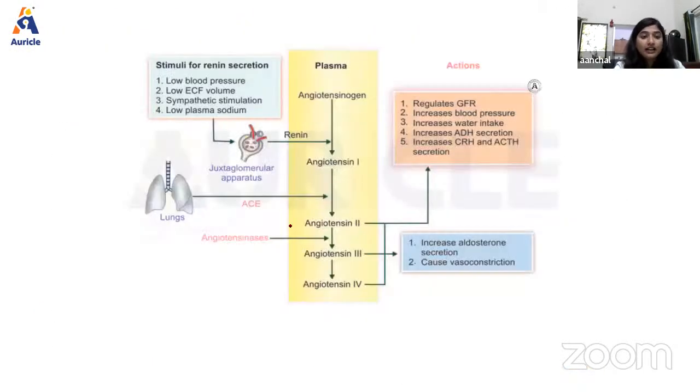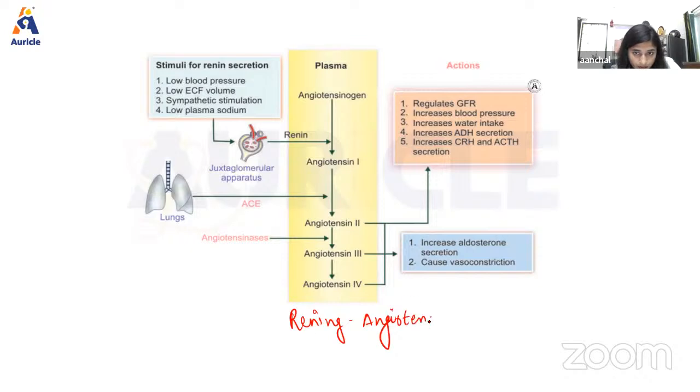So this is the diagram, and this flow chart is basically showing the whole RAS system. Okay, so this is the renin angiotensin system, right?